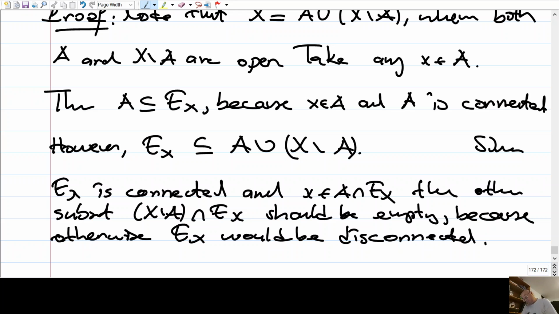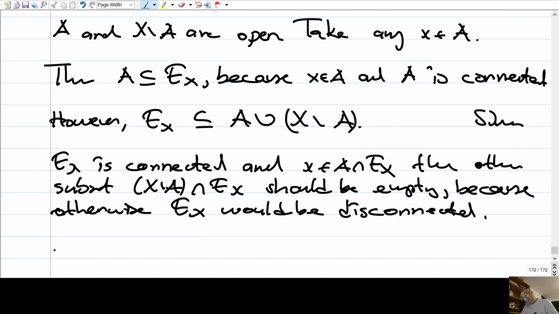So E_x intersection X minus A is empty, but this implies what? E_x is in the complement of this set.